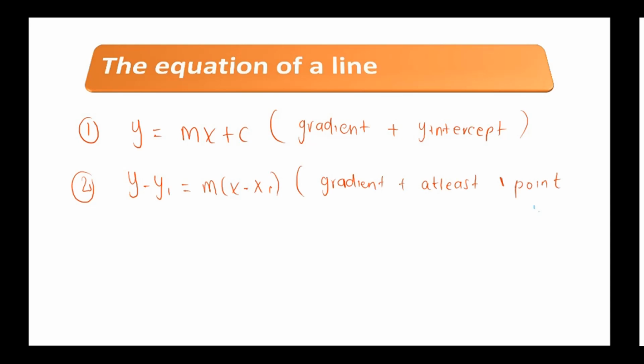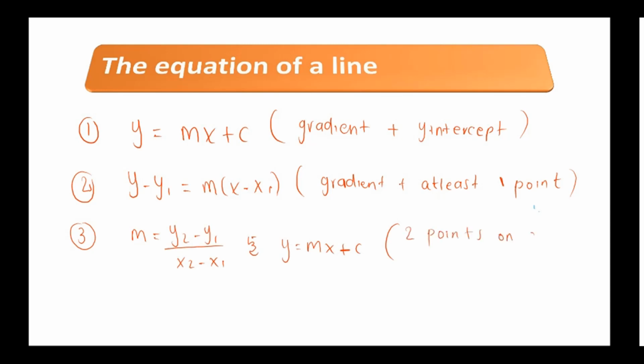And lastly, you can use both m, which is equal to (y2 minus y1) over (x2 minus x1), and y equals mx plus c, if you are given 2 points on a line.